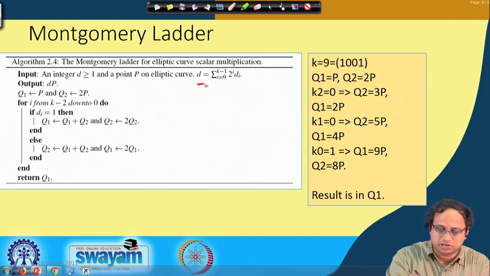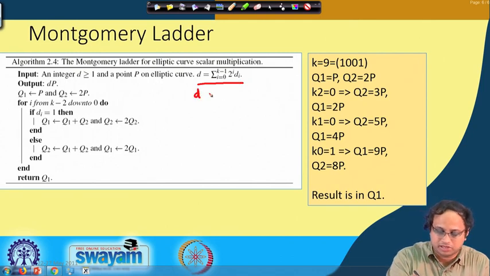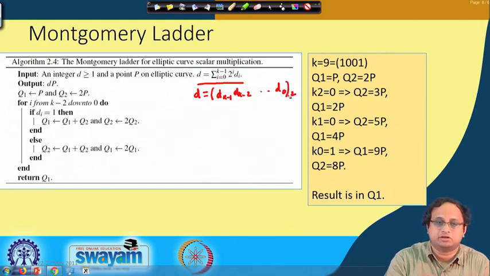This is your scalar, d, which we write in binary format, as we have done. Suppose d_{k-1}, d_{k-2}, and so on till d_0 is your scalar, and d_{k-1} is 1.